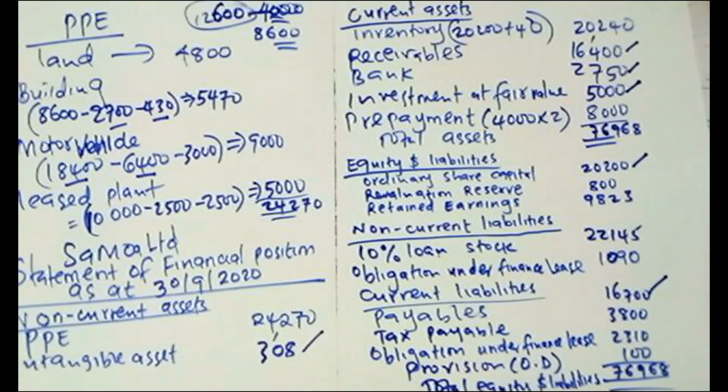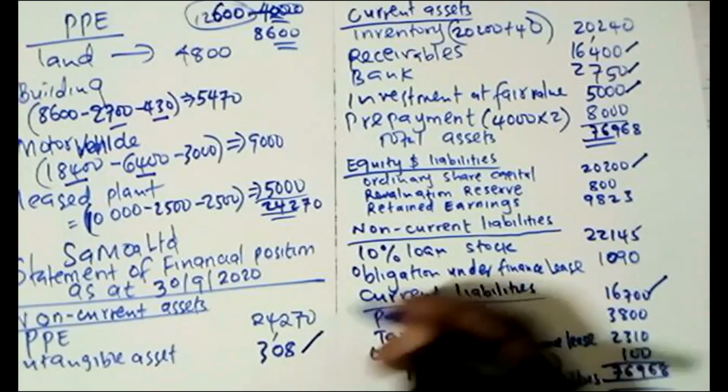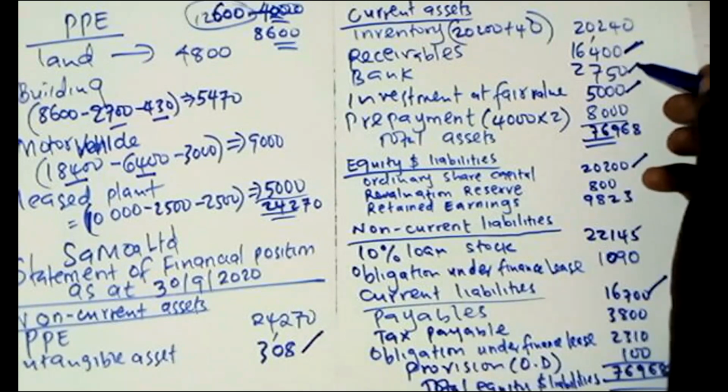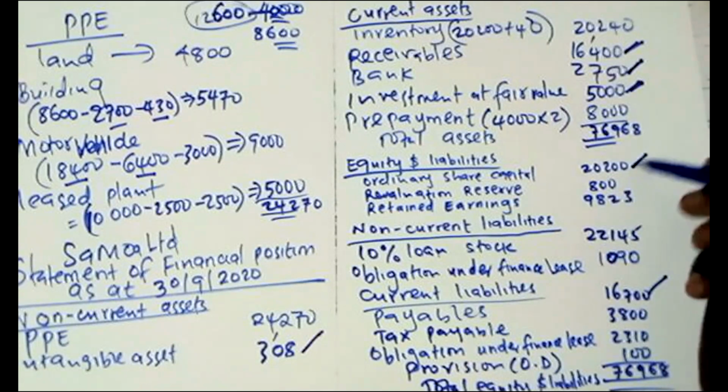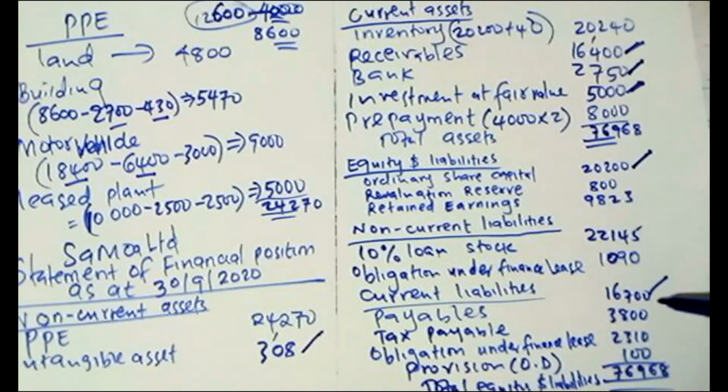You are not even supposed to do those workings. You can even present if you are keen enough. Whoever did this in the paper, if you were keen enough, you could have even scored without the workings. I have wasted time because if I count these marks which I have recorded without any working, there are more than 8. So this is intangible number 1, receivable number 2, 3 for bank, 4, 5, we have 6.